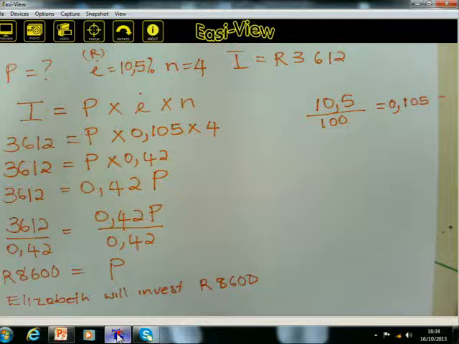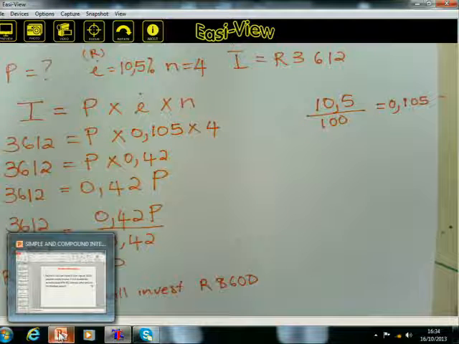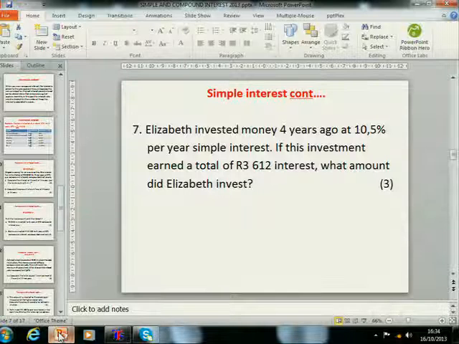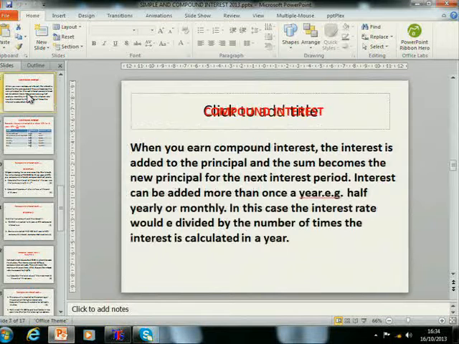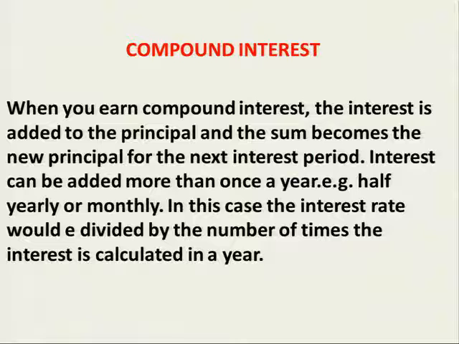Now we move to compound interest. What is compound interest? When you earn compound interest, the interest is added to the principal and the sum becomes the new principal for the next interest period.